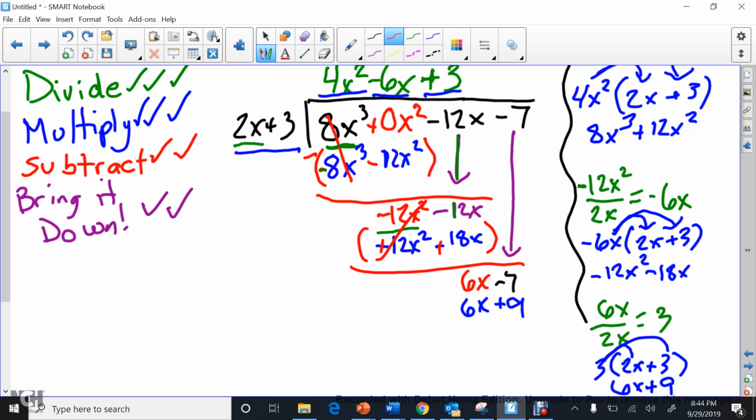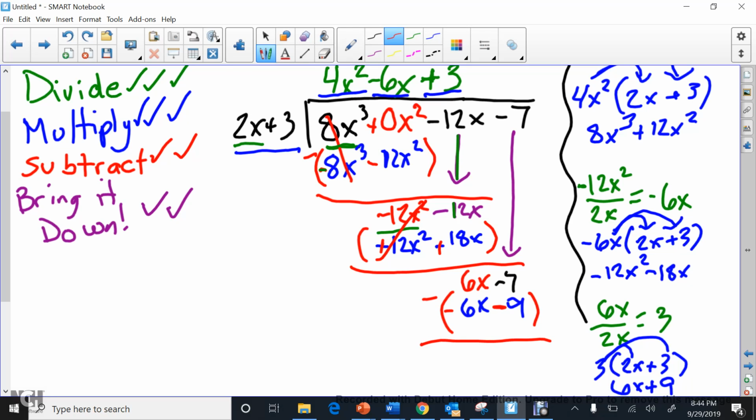Next comes subtraction. I'll subtract these two lines. Again, distributing that negative sign to my bottom. This gives me a negative 6x. And this positive, a positive times a negative gives me a negative. So this positive becomes a negative 9. I've kind of color-coded so you can see what steps caused what to happen in this problem.